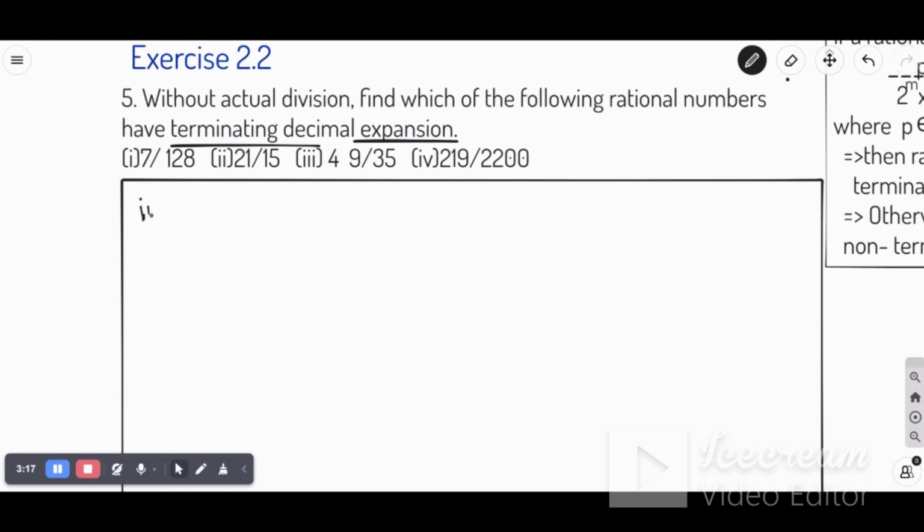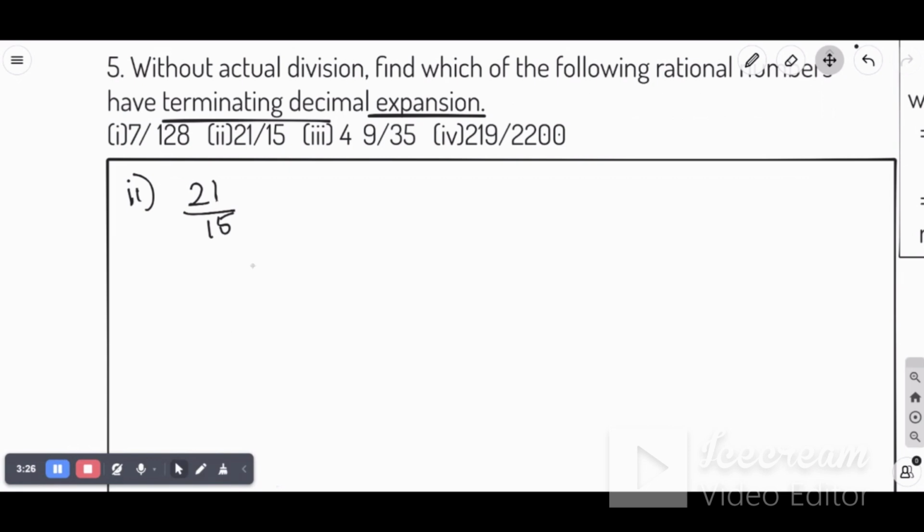The next one is 21 divided by 15. Let us take our 15. 15 can be written as 5 threes are 15, so we are going to write it as 21 divided by 5 into 3.